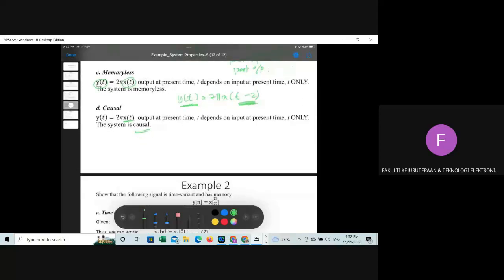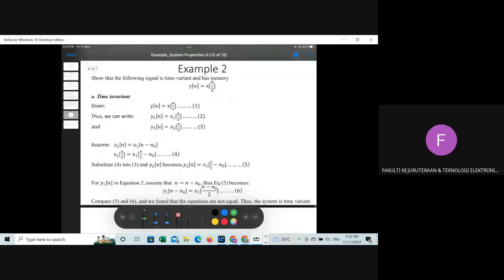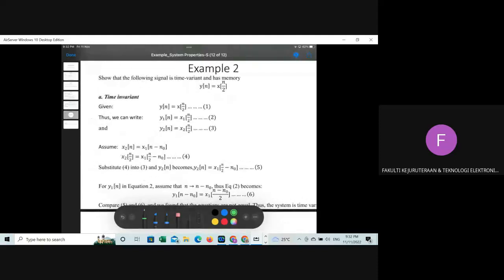And then we have another example. This time around, you have a discrete system. To show the system is time invariant, use the same steps you use for the continuous time system.